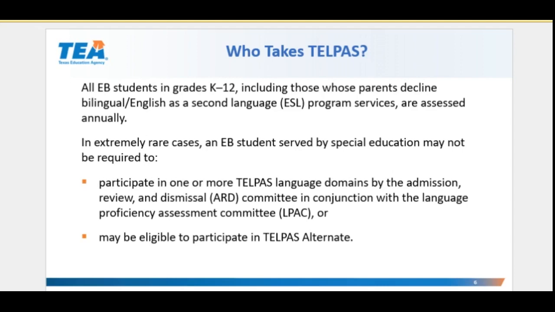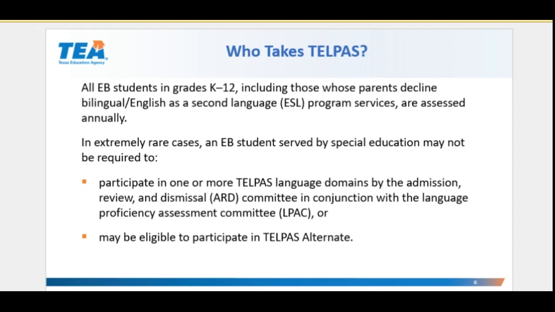For EB students with the most significant cognitive disabilities, please refer to the TELPAS alternate resources webpage for more information on TELPAS alternate eligibility and participation requirements. For students in grades 2 through 12 who are unable to test online, the student may be eligible for a special administration based on their IEP or Section 504 paperwork.